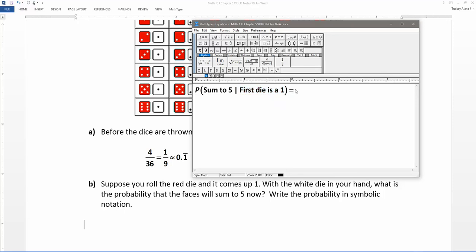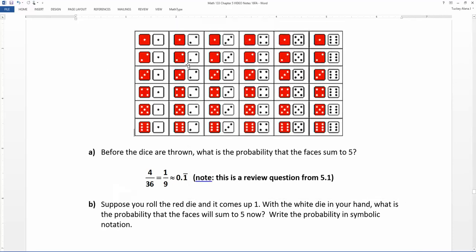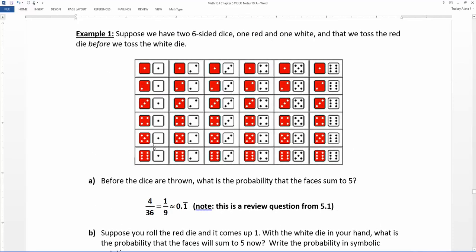Okay, well, the red die being 1 means you only have 6 options, so your denominator is not going to be 36, because, well, 30 of the options are off the table for you. The second row, third row, fourth row, fifth row, sixth row, they're all gone. The only row that you can even look at is the top row at the top, which I realize is slightly redundant. Bear with me here.